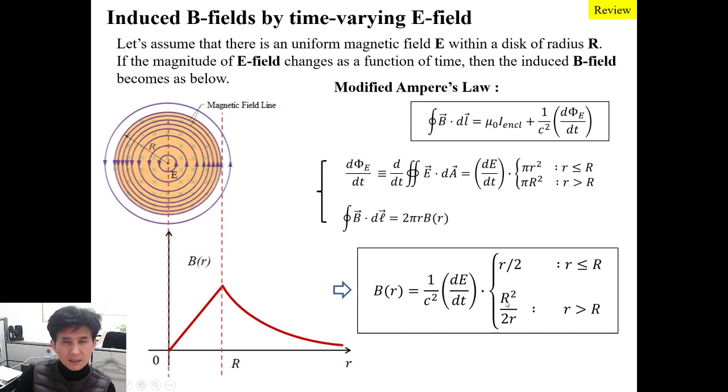This implies that even though there is no physical current, we can generate a magnetic field.